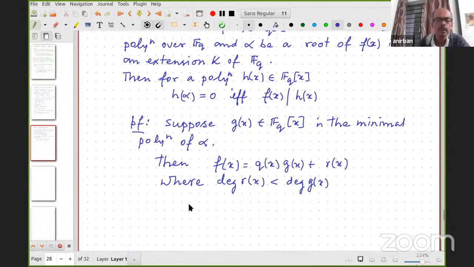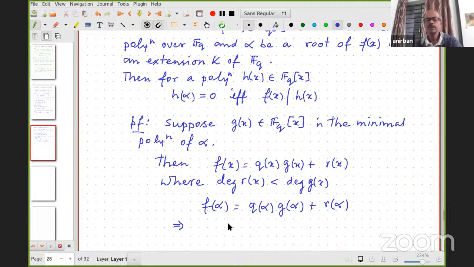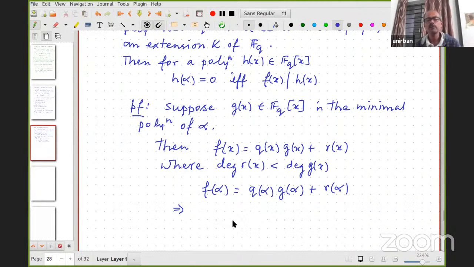So f(x) = q(x)g(x) + r(x). Now you can evaluate both sides at alpha. f(alpha) is 0, as alpha is a root of f(x).